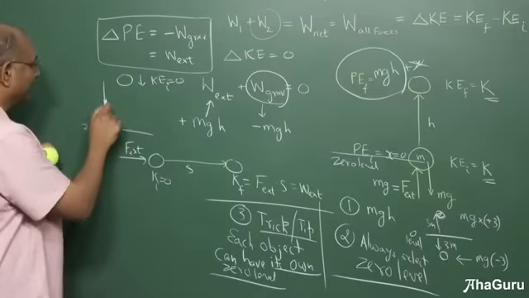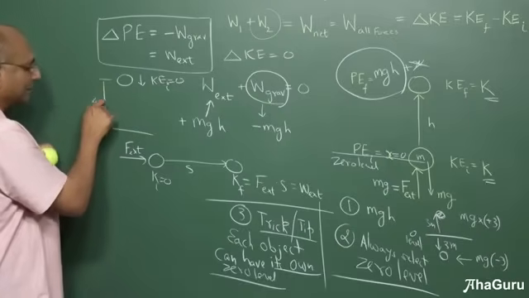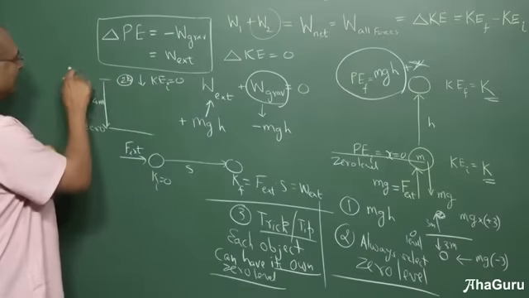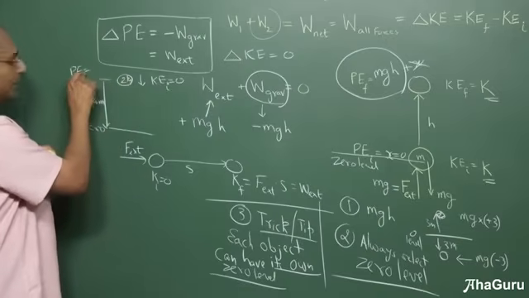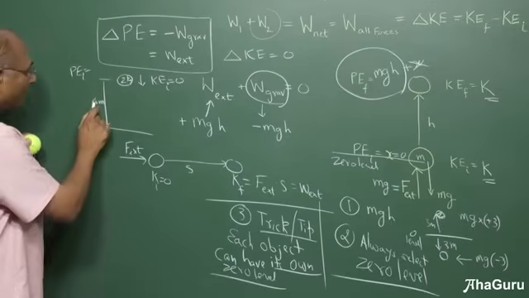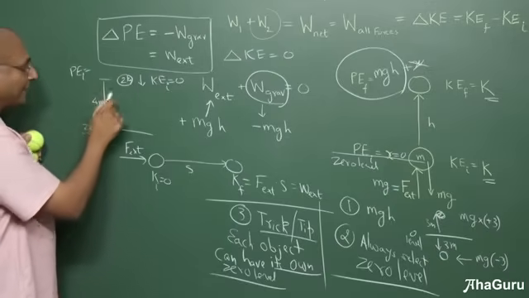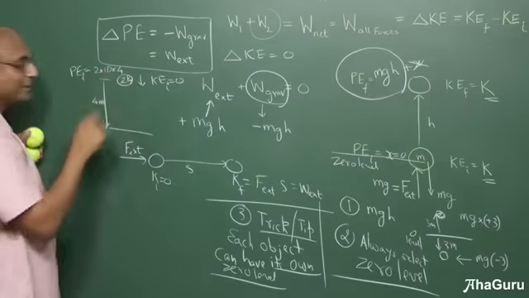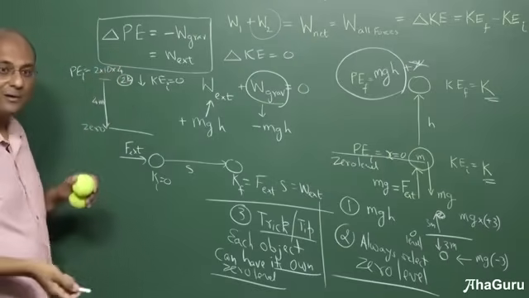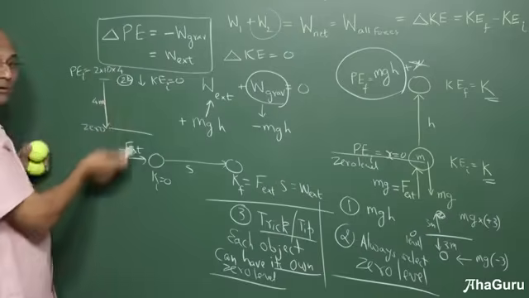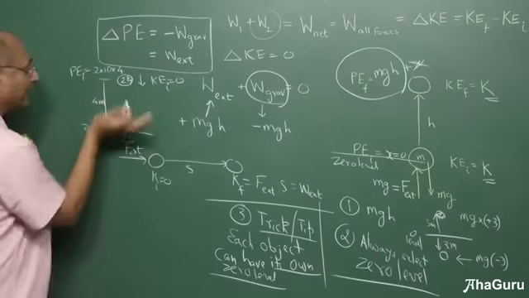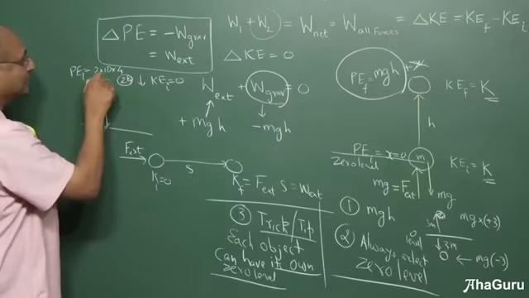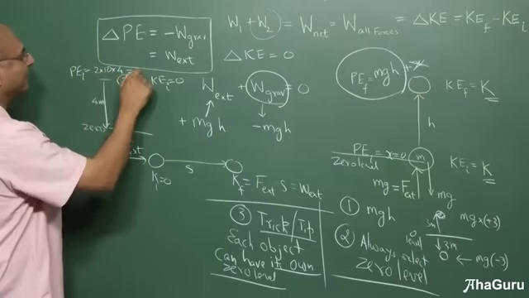If I make this the zero level, and let's say this was 4 meters, mass of let us say 2 kg, then initial potential energy will be how much? 4 is the height, mass is 2, g is 10 into 4. Should I say plus 4? Should I say minus 4? It is height above. This is my zero level, height above. So therefore plus 4. So potential energy when it was there is 2 into 10 into 4, which is 80 joules.